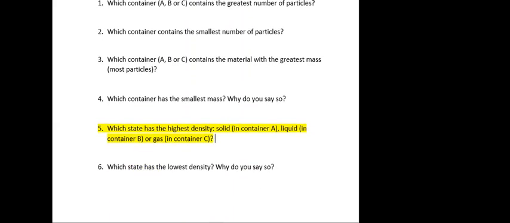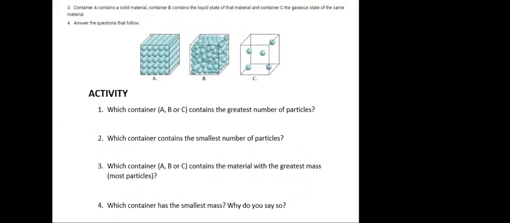And the last question. Which state has the lowest density? And why do you say so? Remember, there are always 2 reasons to explain density.